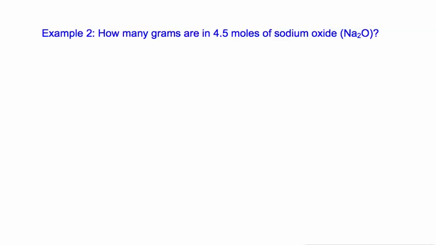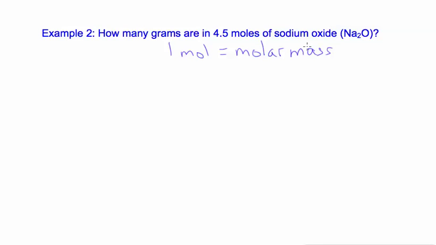Let's look at a second example. It asks how many grams are in 4.5 moles of sodium oxide. And I've given you the formula for sodium oxide there. We know when we're doing mole mass conversions that 1 mole equals molar mass. And I like to write down my conversion factor because it helps me remember it later.